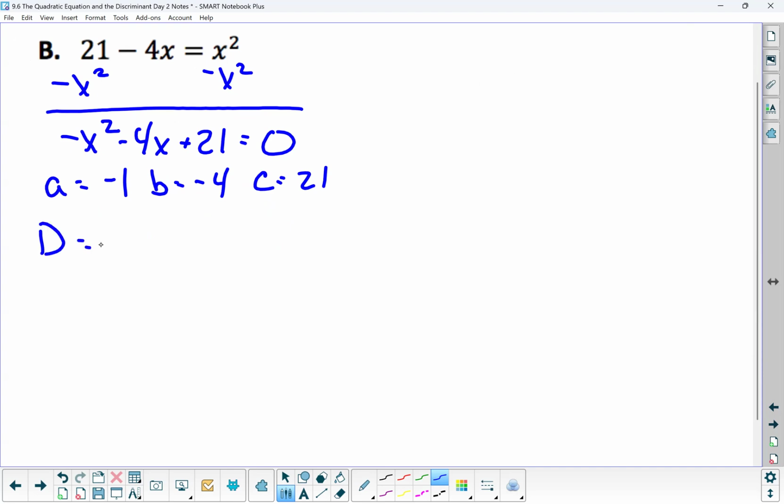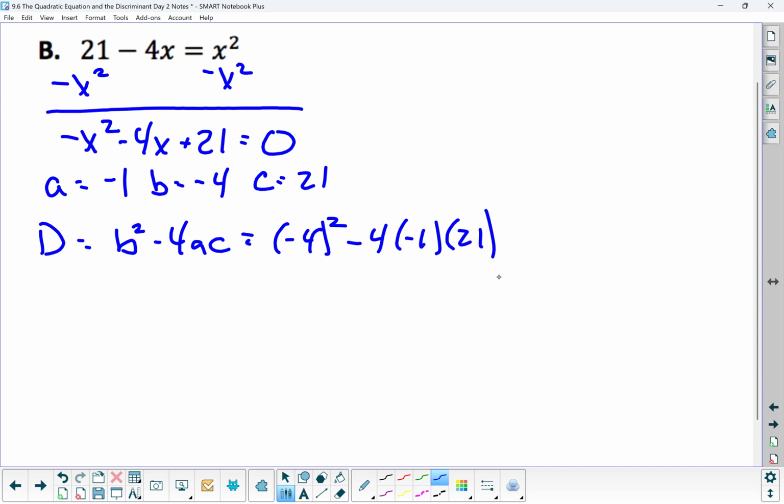Calculate the discriminant, b squared minus 4ac, which is -4 squared minus 4 times -1 times 21. -4 squared, and again, the parentheses matter, gives us a positive 16. 4 times -1 is -4, times 21 is -84.